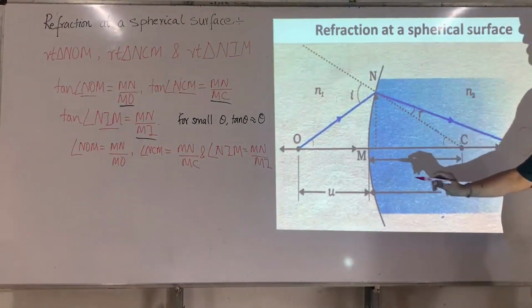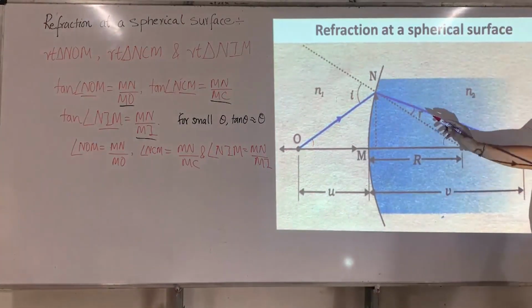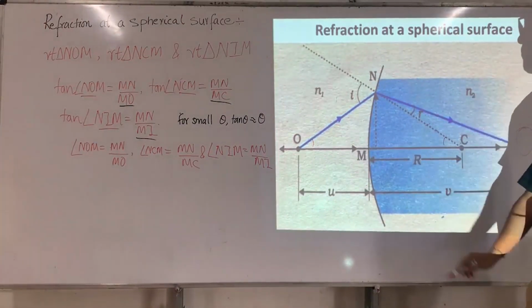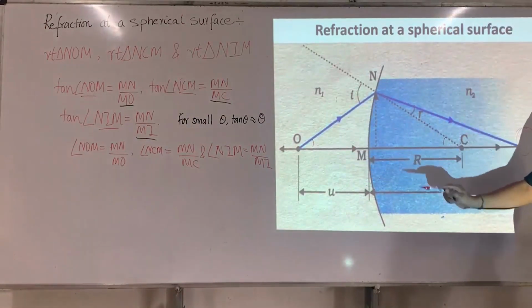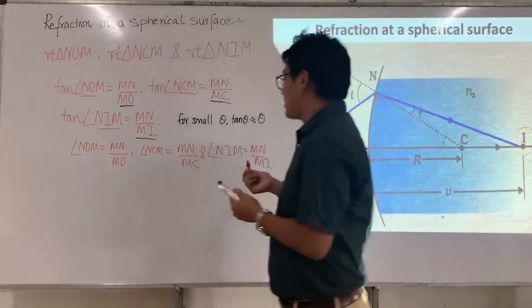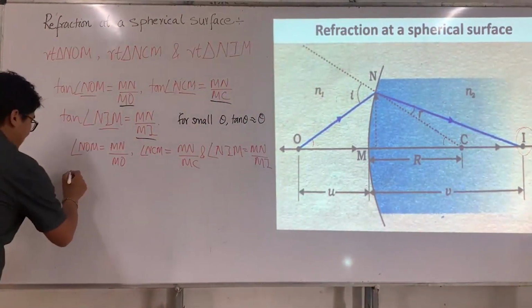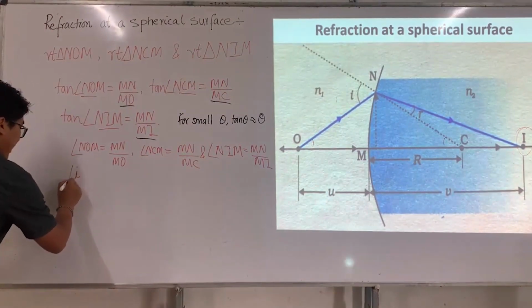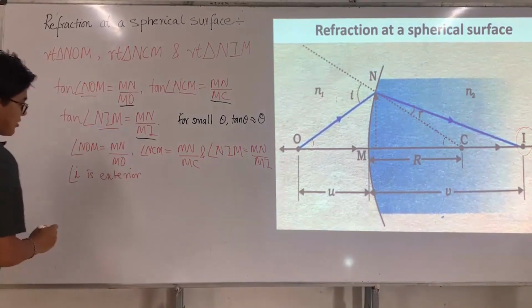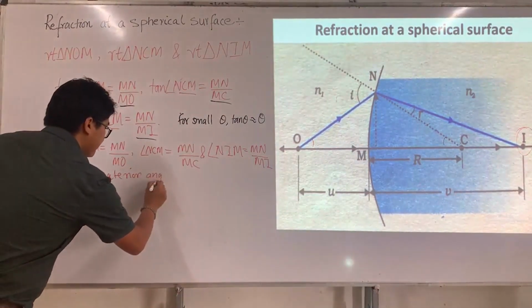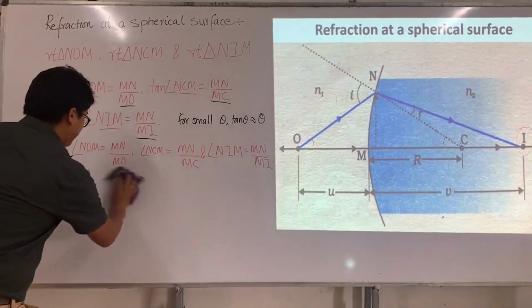So this angle plus this angle is equal to angle I. Angle NCM plus angle NOM is equal to angle I. This is exterior angle, right? So let's say angle I is exterior angle.